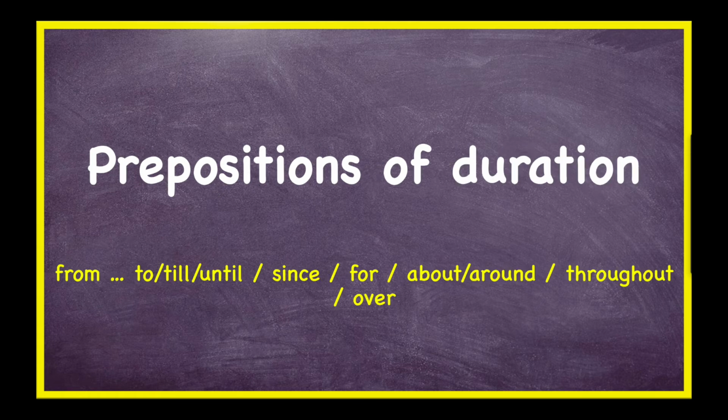Then you have prepositions of duration, which are related to time, right? In the same way, it's easy to remember prepositions of place, and then prepositions of direction is movement, right? But then you've got time, and then prepositions of duration. You can remember they're connected in a similar way there. So you could say from and to, right? From 5 to 7, or from 5 till 7, or from 5 until 7, right? This is one kind of way to use a preposition of duration.